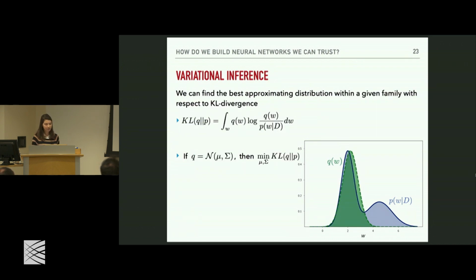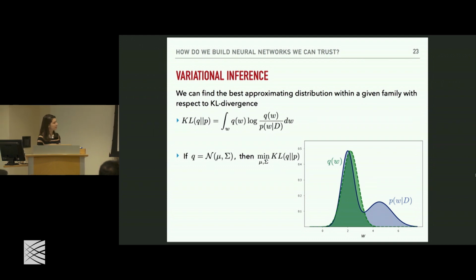Another family of approximate inference approaches is variational inference. In this technique, we define some family of distributions which will approximate our posterior. And within that family, we look for the best approximation in terms of some distance between distributions. There's the KL divergence, a measure of how similar distributions are, and we can minimize it with respect to the parameters of the approximate posterior.